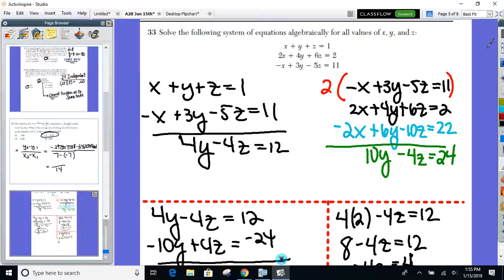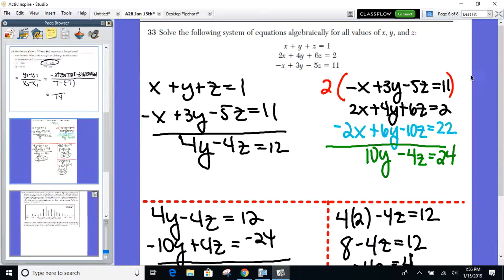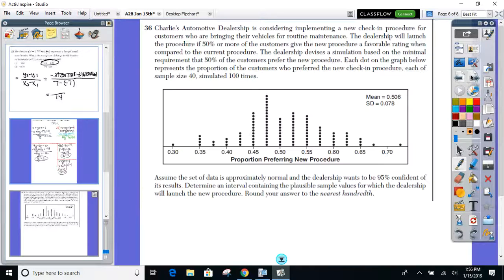All right, all good? One more to go. You may not think this right now, but thank your lucky stars if we get this one too. Number 36, with stats. And let's be real, the only reason you don't like it is that it's a lot of words.